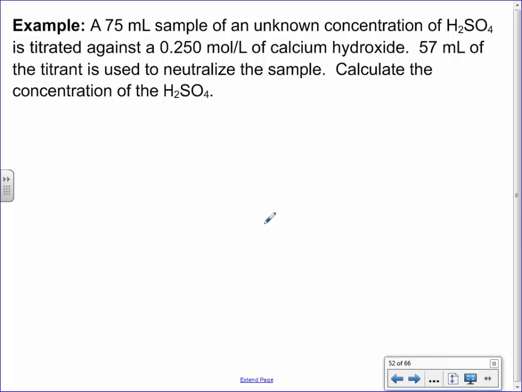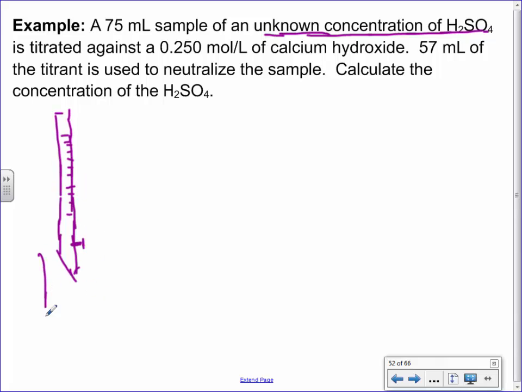You have an unknown concentration of H2SO4. Again, if you feel the need to draw out the scenario just so you understand what's happening, you're going to take your burette. This is your burette. Stopper. And we've got 75 milliliters of H2SO4 put down here.